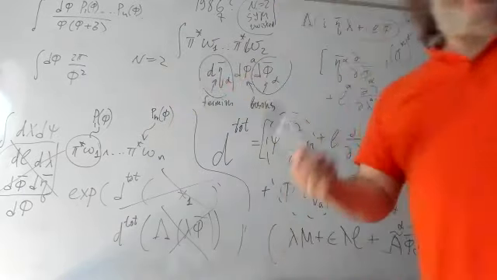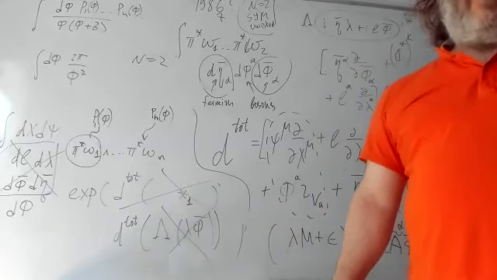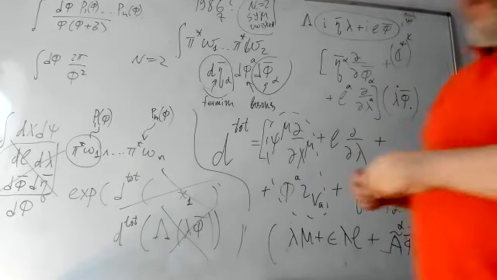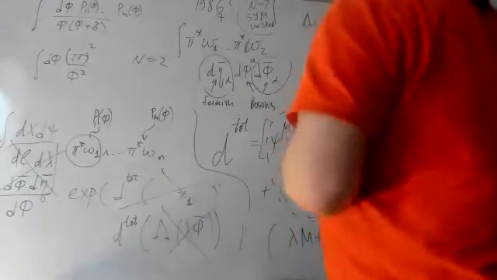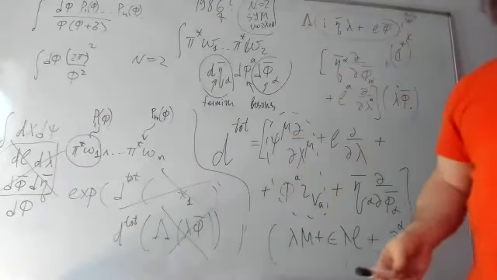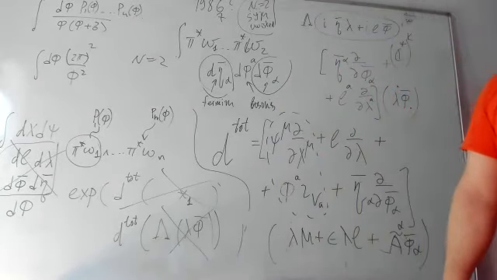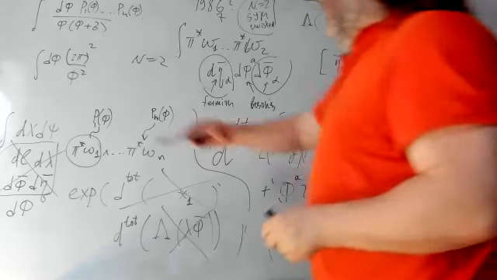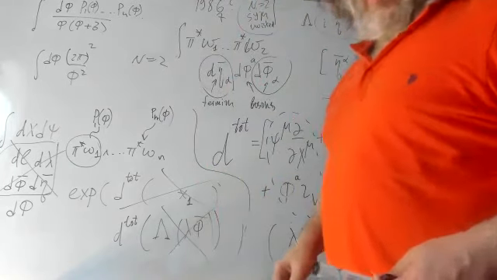Each power of phi came from the equivariant integral over the complex plane. That's why I have phi square in the denominator. I also have these nice polynomials.